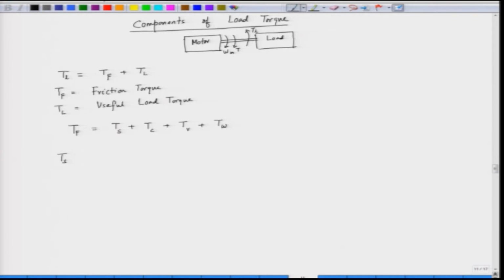So, TS is the static friction, TC is the Coulomb friction, TV is the viscous friction, and TW is the windage friction.